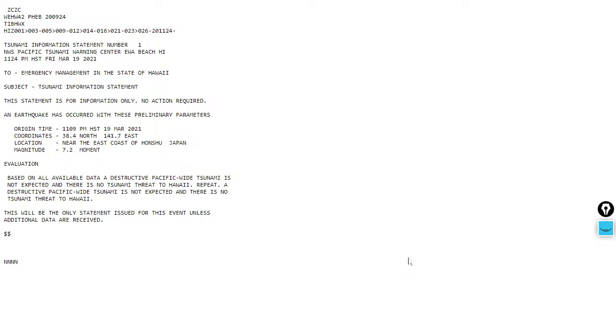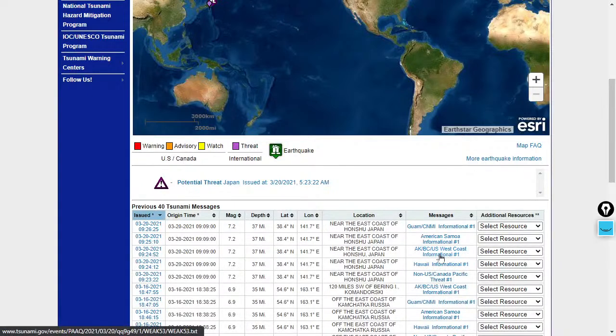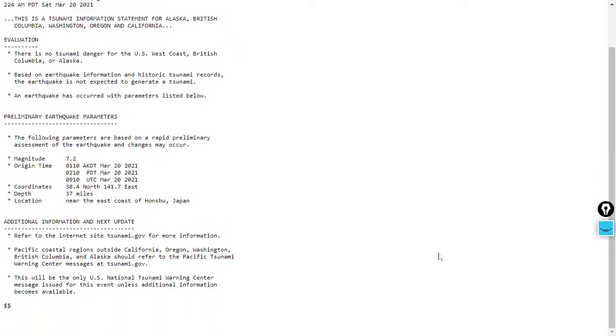Here's the second one. Pacific-wide tsunami not expected. And no tsunami threat to Hawaii. Here's the third one. West coast of the U.S., there's not going to be a threat for that. It's in pretty shallow water, folks.